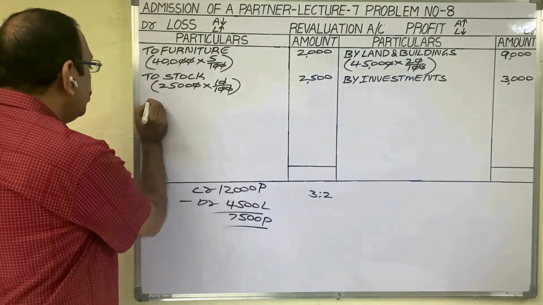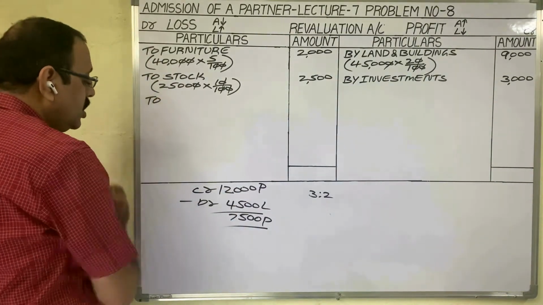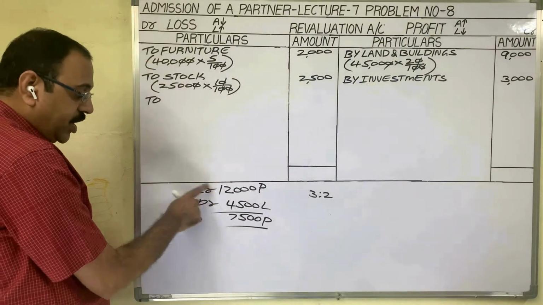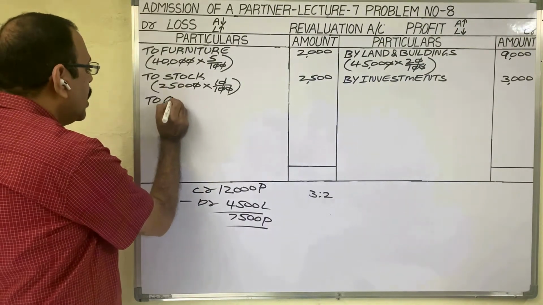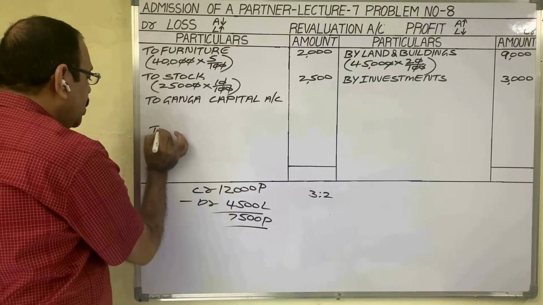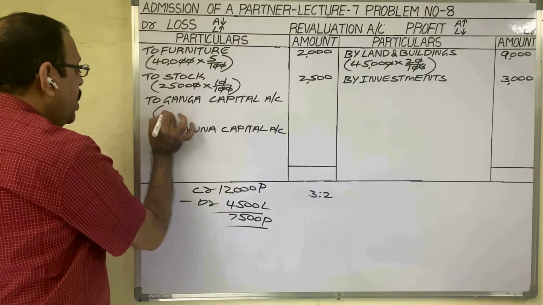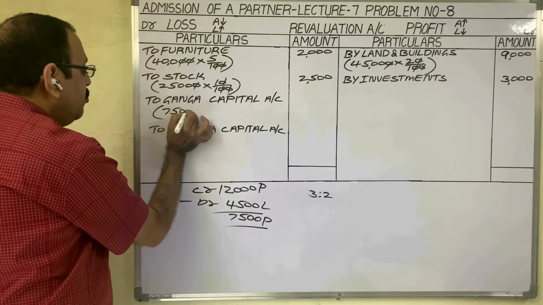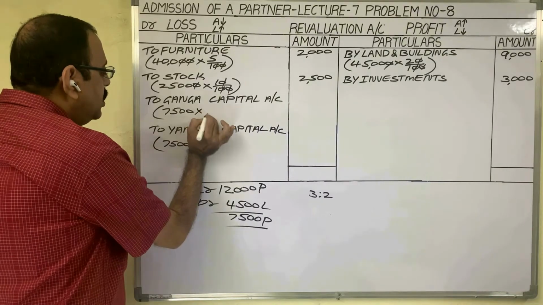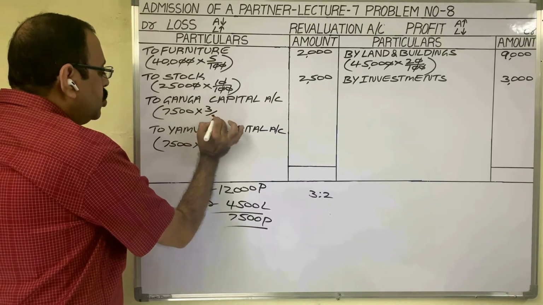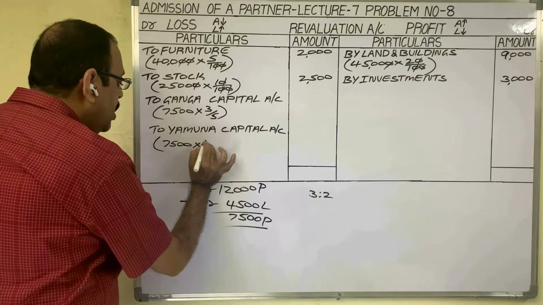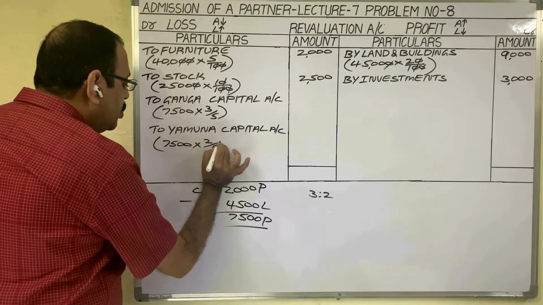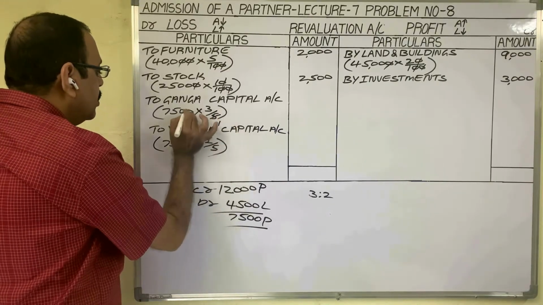So on the debit side we have to show this transfer, because the debit total is less than the credit total. To Ganga capital account, to Yamuna capital account. Revaluation profit is 7,500. In this, 3/5 we transfer to the first partner, 2/5 to the second partner.